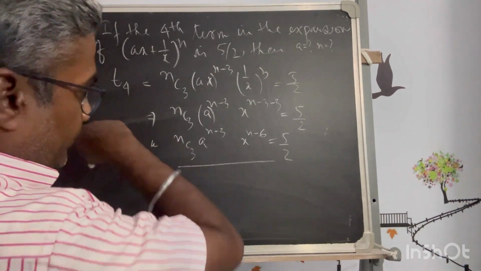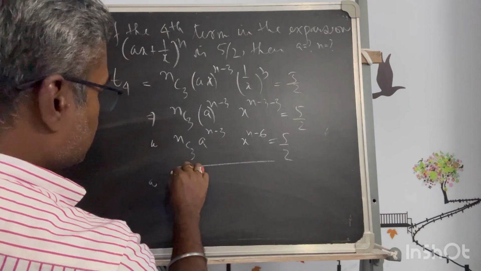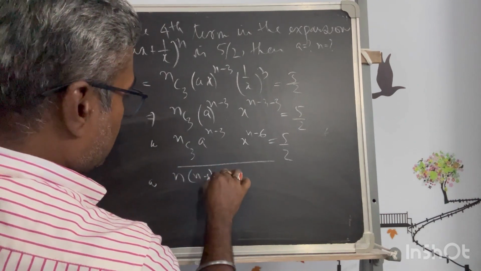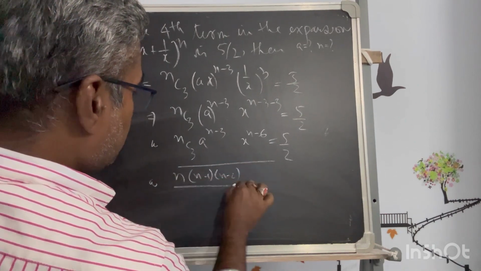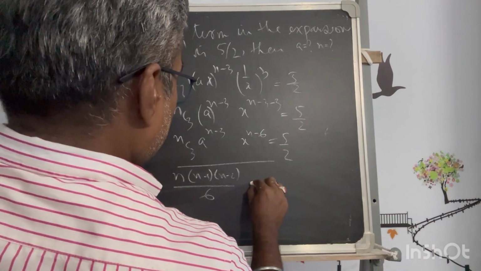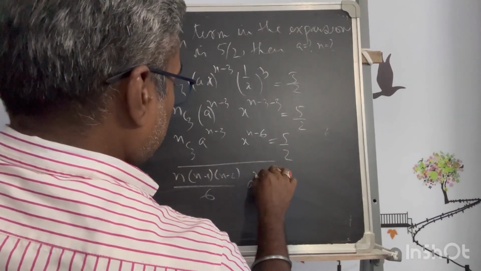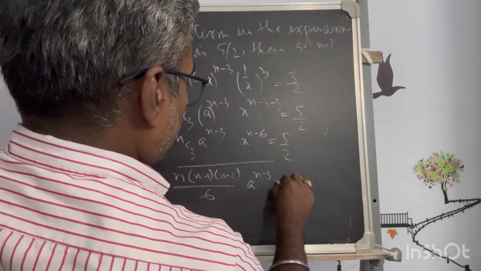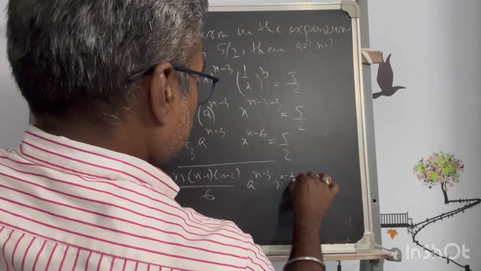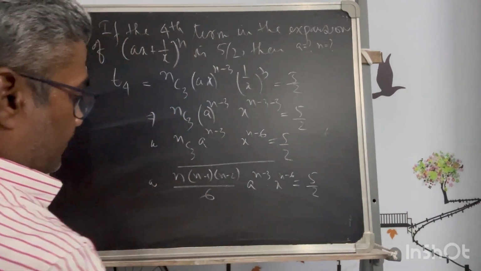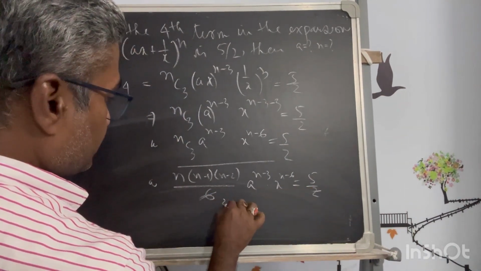So let me try once: n, n minus 1, n minus 2, and this will give you 6, a^(n-3) x^(n-6) is equal to 5 by 2. Now this can be cancelled with 3.